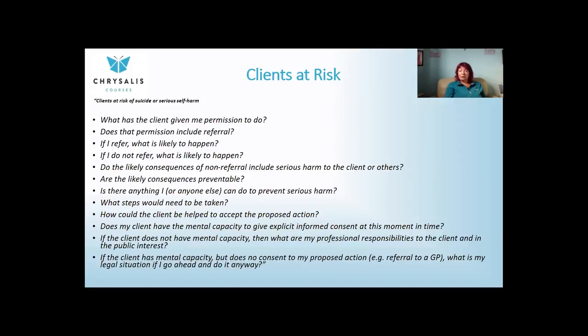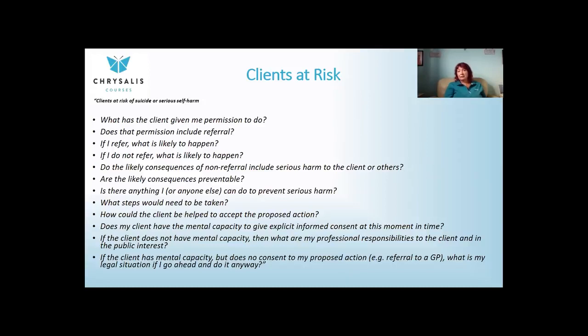And that can easily break the trust and rapport, and could even end the relationship between you and your client.